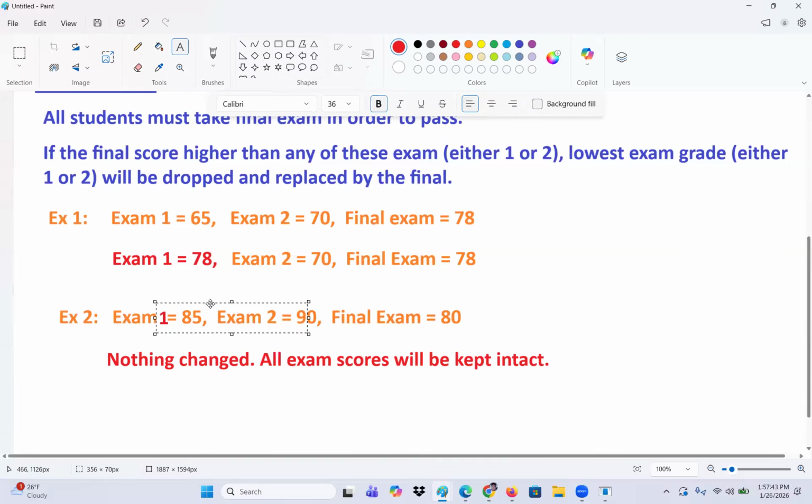And all we have to do, let's say, for example, exam one was like 60, right? Okay. So the student lost 40 points. So now, if you do the exam correction, you can get help from the math tutor in the Learning Commons.